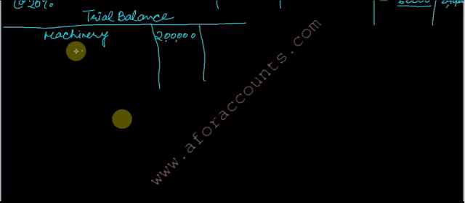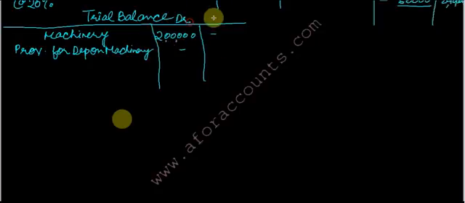Then provision for depreciation on machinery. I have a provision in my trial balance. Provision has a credit balance. So this is my debit side, this is my credit side, and it is 80,000.